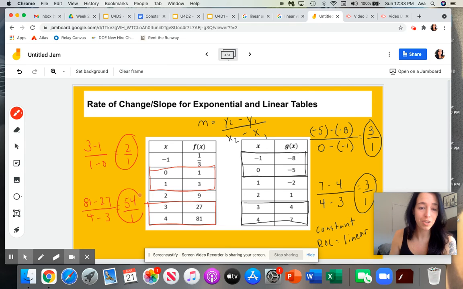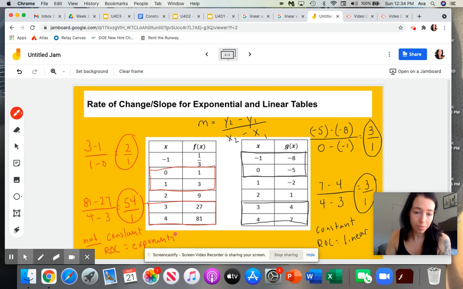We started at 2, not very steep, and we end at 54. That's very, very steep. So this is not a constant rate of change, obviously. It changed from 2 to 54, so this must be exponential.